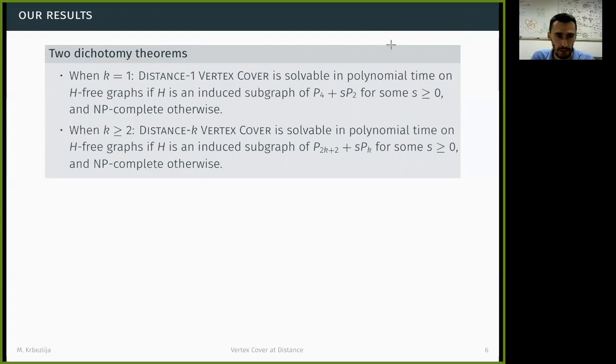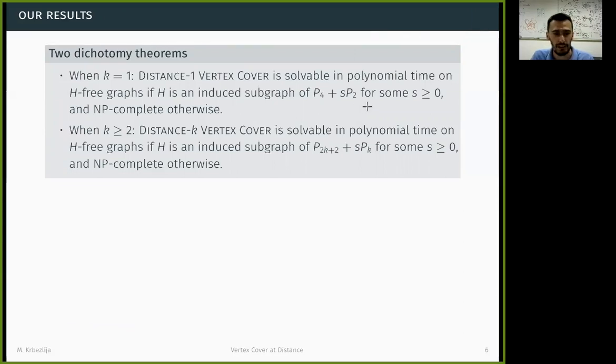And when k is bigger than or equal to 2, we show that distance k vertex cover is solvable in polynomial time on H-free graphs if H is an induced subgraph of P(2k+2) plus sP_k for some s, and NP-complete otherwise. The polynomial time algorithms that we got depend on s and k.